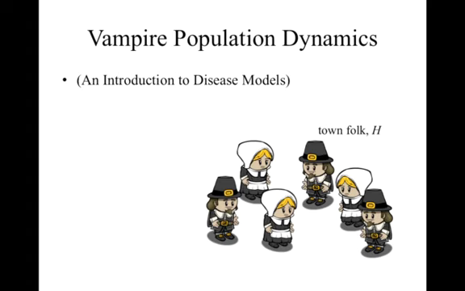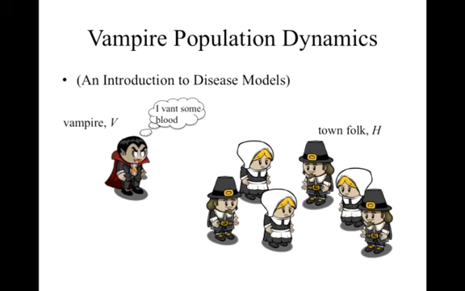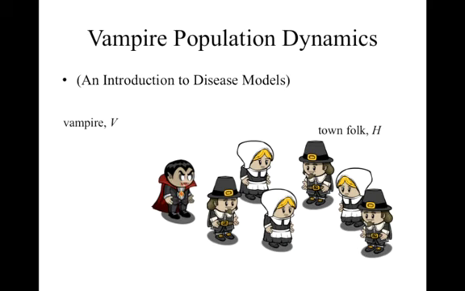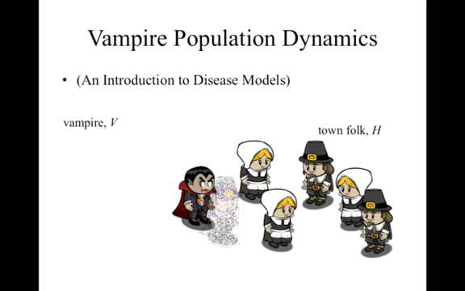There we go, and we're going to call them H. These are our town folk. And if we have a vampire arrive in town, that vampire is going to start attacking town folk. So here's my vampire, we'll give him the symbol V. Now the interesting thing about vampires is that they get really excited about sucking blood, and when they do that, they turn the person they suck the blood from into a vampire.